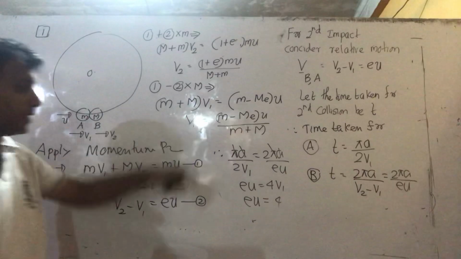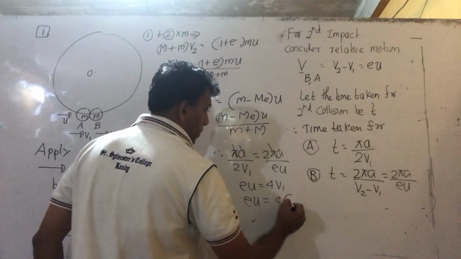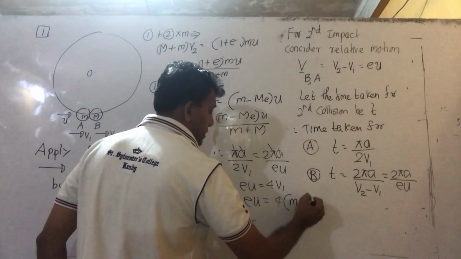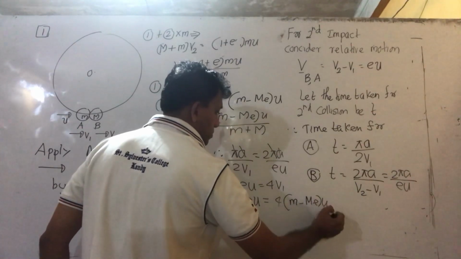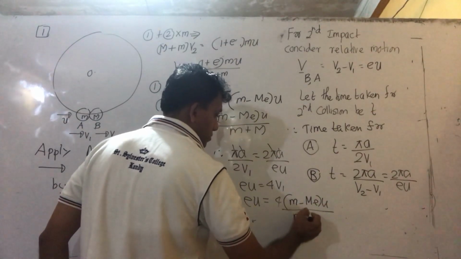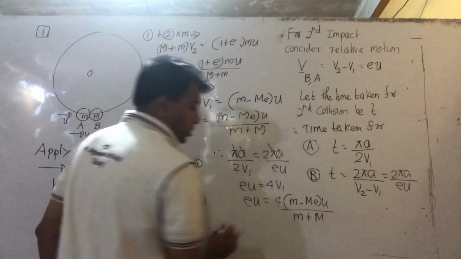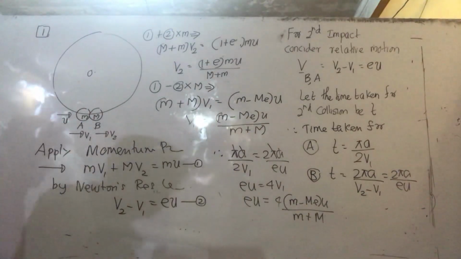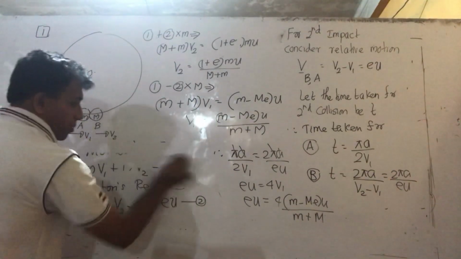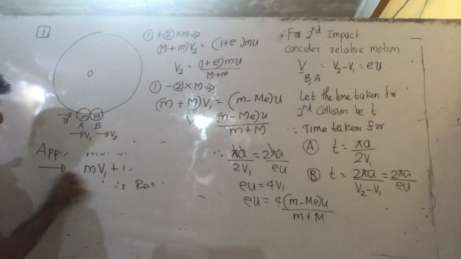Here v1 is small m minus this. So now cross multiply, make E the subject. The problem shows the E is given there.